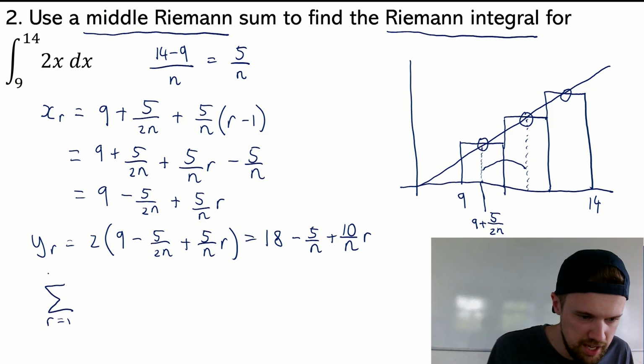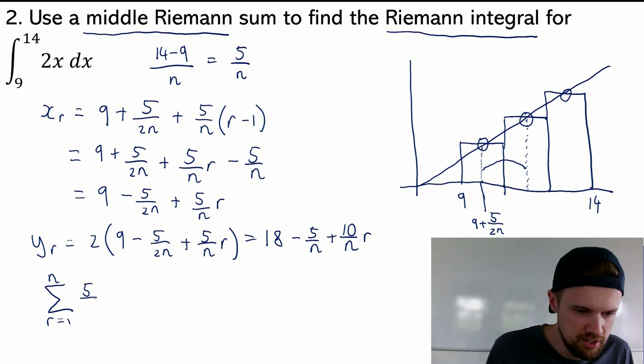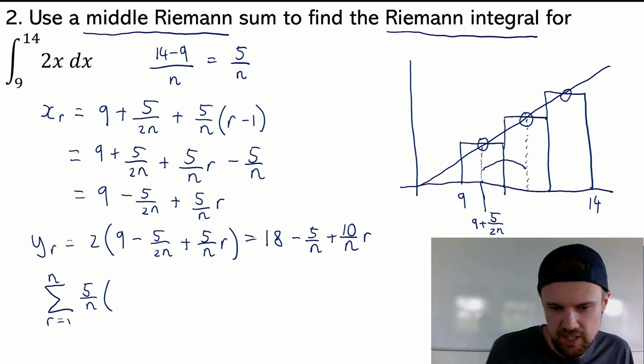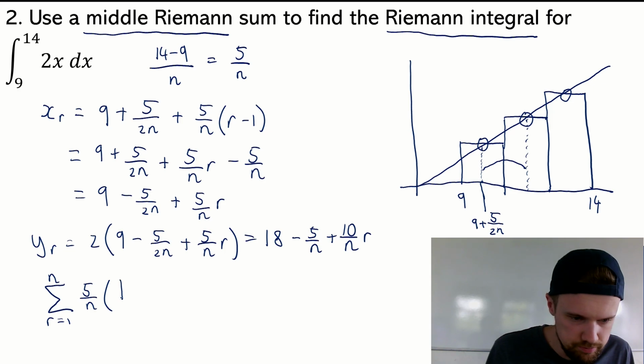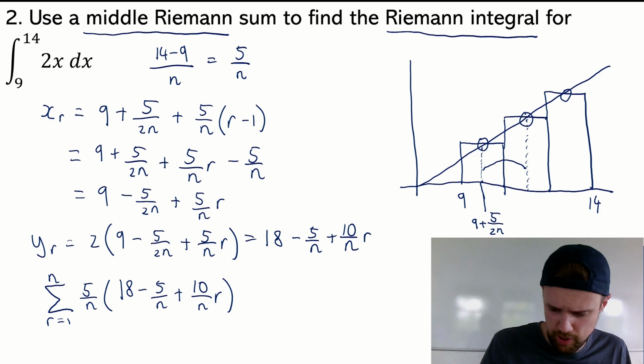The Riemann sum would just quite simply be the sum from r equals 1 to n of the area of the rectangles, which would be the base times all of these things we've got there, because we already mentioned that's effectively the height of the rectangles. Nice, but we then actually need to work that out to convert it into a Riemann integral, as well as applying the limit that we're normally meant to do.